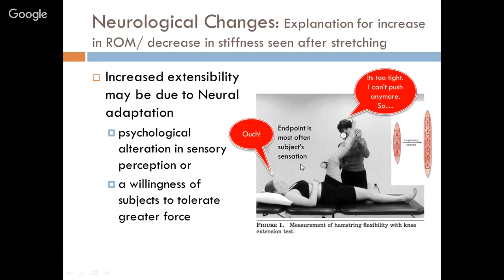That is because there is a change in sensory perception or stretch tolerance, a word that they are now using, which is explaining this reduced stiffness, not necessarily an increase in lengthening of the muscle. So neurological changes are probably, at this point of time, the explanation which has a certain amount of evidence to support it.